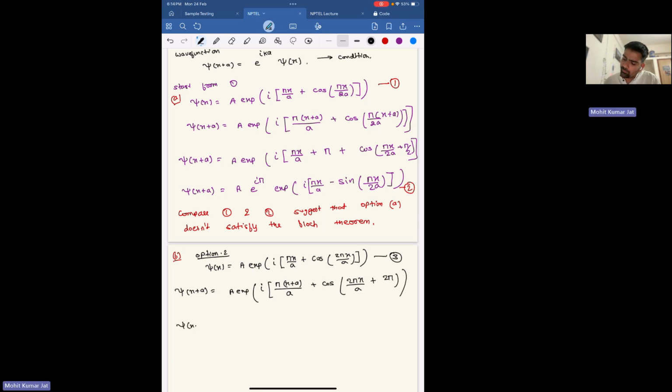Psi x plus a, I can write as e to the power i pi x by a times e to the power i pi, plus cos 2 pi plus theta, which will be cos theta, cos 2 pi x by a.